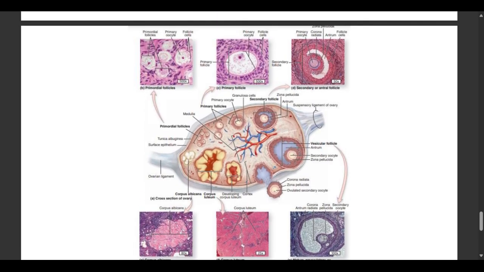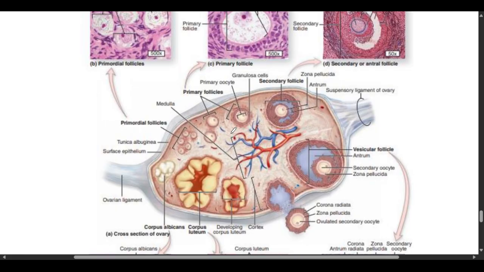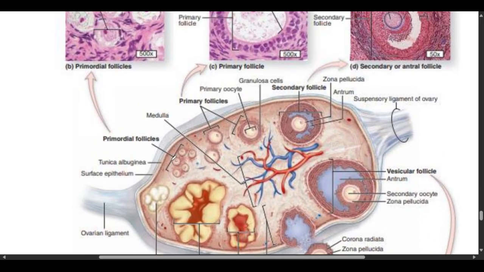So a brief recap again. We have primordial follicles that you find just before puberty, and these are the only ones that you're going to find before puberty.